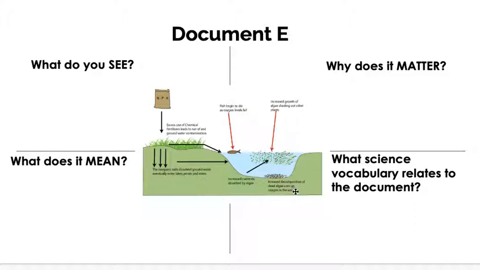Increased decomposition also uses up oxygen in the water, which again is causing the depletion of the fish population and other organisms. Why does this matter? Well, this matters because there's an imbalance of oxygen exchange between photosynthetic organisms and all other organisms.